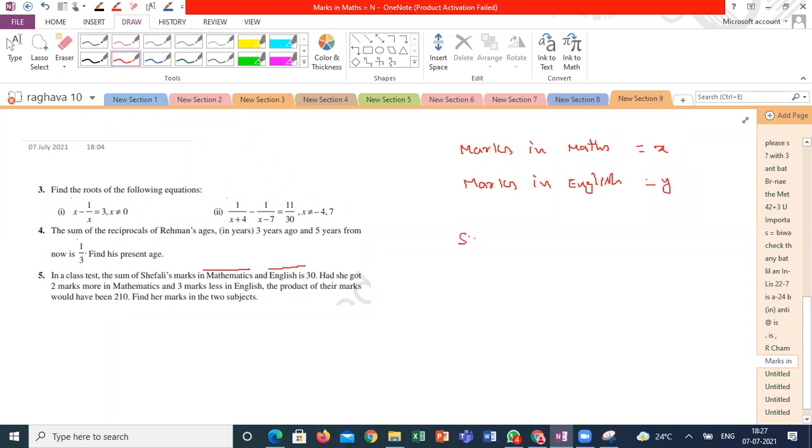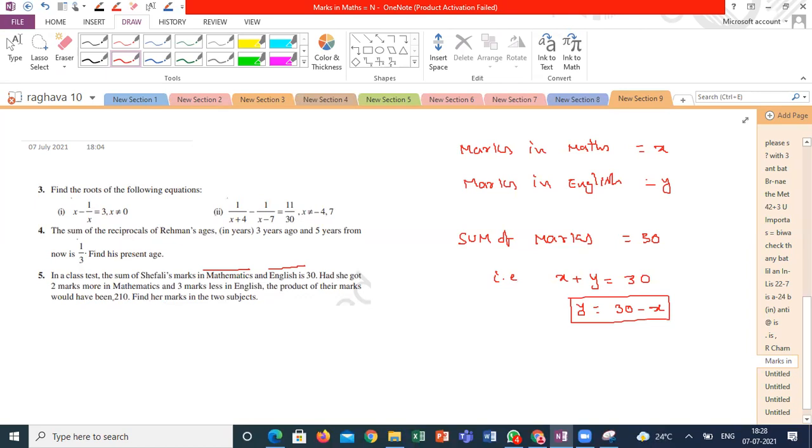According to the given, the sum of marks will be 30. That is x plus y is equal to 30. Here we are not doing it with respect to a pair of linear equations. That's the reason I am making it into a single variable. My y is equal to 30 minus x. This is an important relation here.